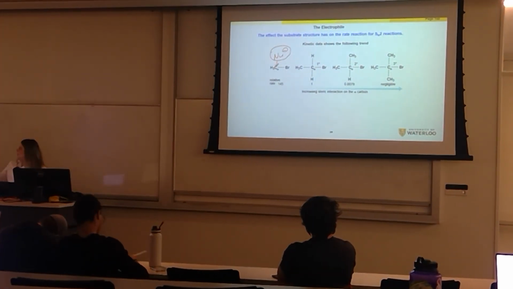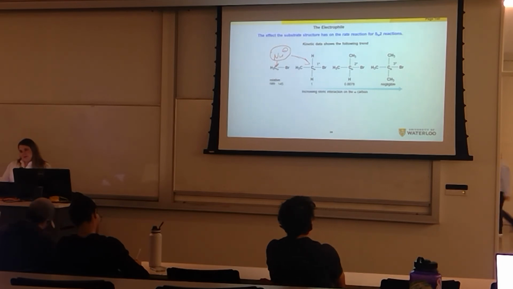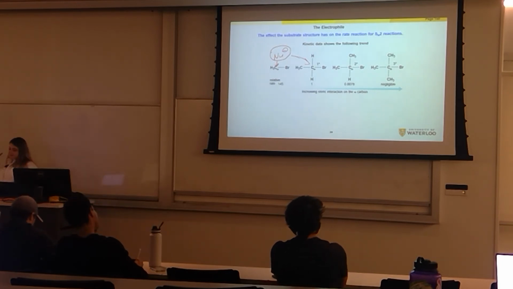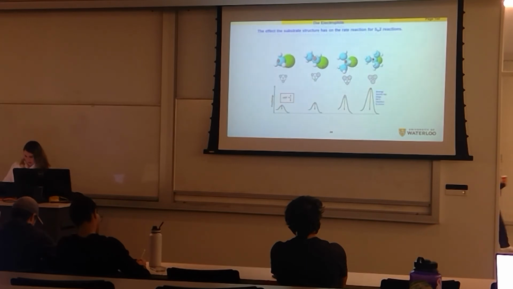Obviously, access to this carbon would be much less hindered compared to this one, and so on and so forth. And when you see tertiary, forget that SN2 exists. We also looked at this one, but it was maybe 5 seconds on the board, so I decided we need to look through it again.